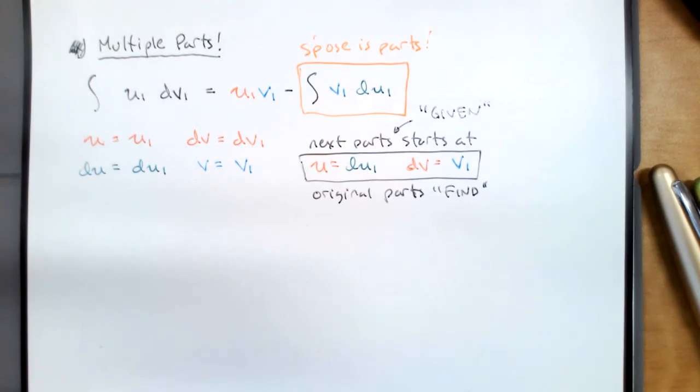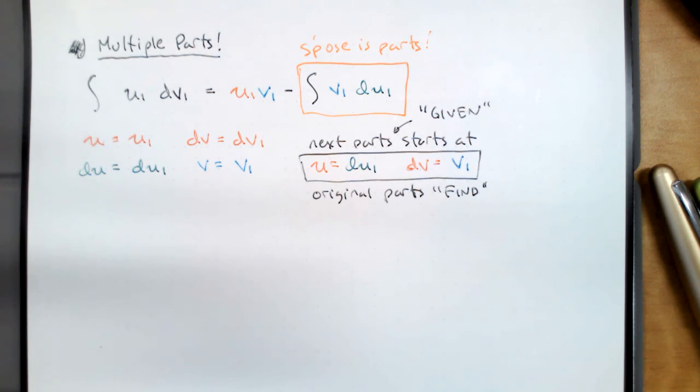So if you use the steps that we named before, the next parts given starts at the first parts find. So instead of stopping at the first derivative of u, just think we're going to differentiate that again.